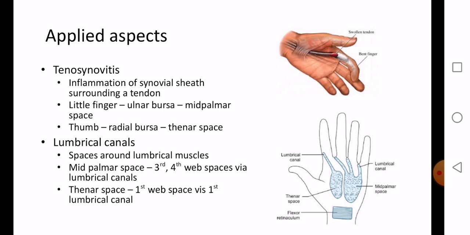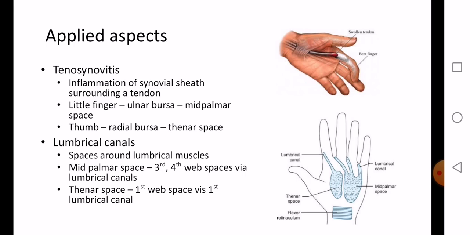And this tenosynovitis, if it involves the little finger, can infect the ulnar bursa, because you saw that the little finger is continuous with the ulnar bursa. So from the ulnar bursa, which space is it communicating with?